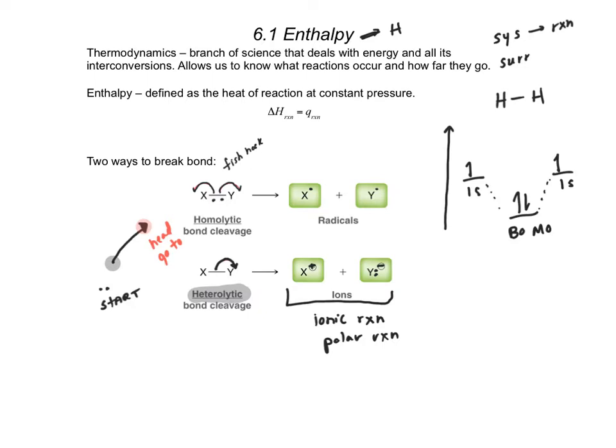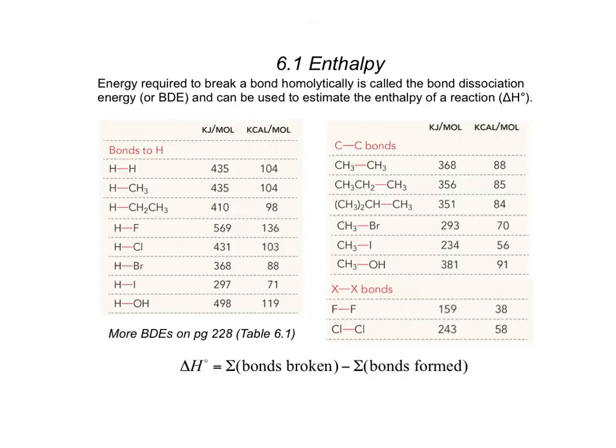I want to know what the delta H is for this. Without having to do any experimental stuff, what would you do? Add up all the delta H's? Something final minus initial. There were values, right? You'd look them up in the back of the book. You would calculate it. Right, so there were always data. You could always use various enthalpies of formation or various other enthalpies to calculate the enthalpy for a reaction.